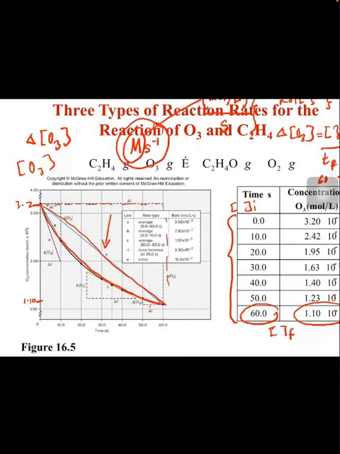That's the first point. Earlier I forgot to tell you, the actual line on this graph is just this line, which represents what happened to the concentration of O3. Earlier we could use that line to get the average rate by using the concept of the slope of tangent. And the same goes for instantaneous rate.